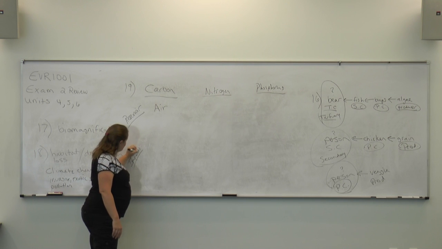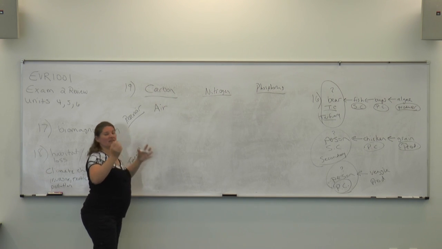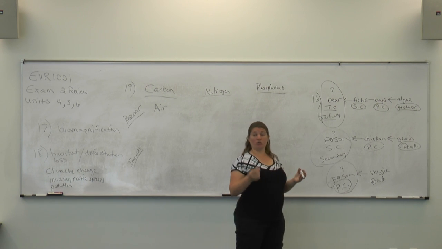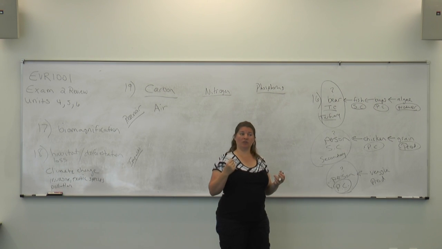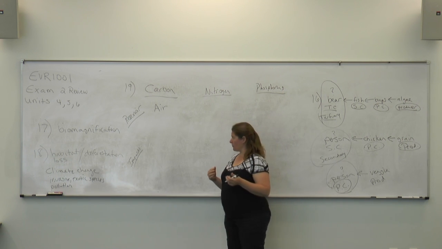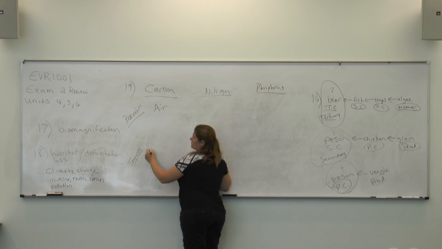What are some human activities that create excess carbon in the atmosphere? There are two major things. They're both things that have increased dramatically since the Industrial Revolution. So how about the burning of fossil fuels, right?